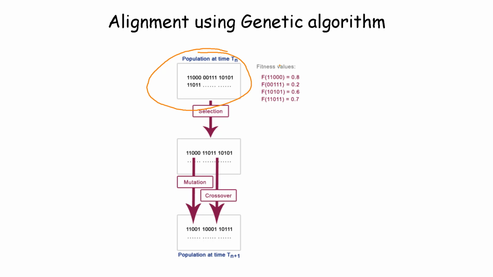The alignment score of each of these possible solutions is used to define the fitness of that individual. We can start this process with a random initial population where each individual is a randomly constructed multiple alignment. The alignment scores may be low initially, but that is okay. It will improve over time.